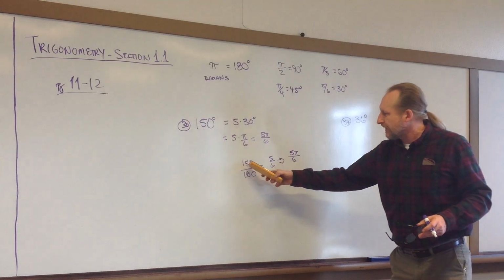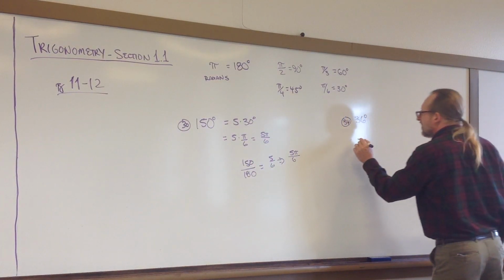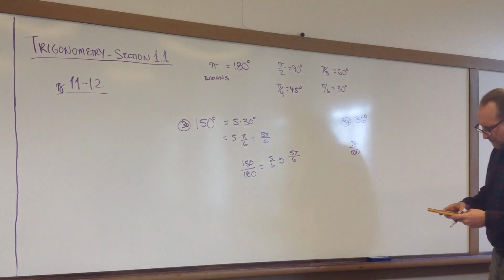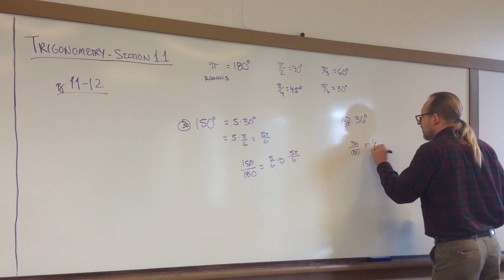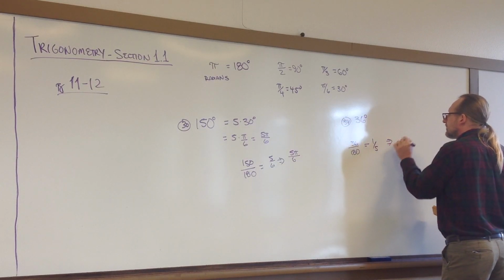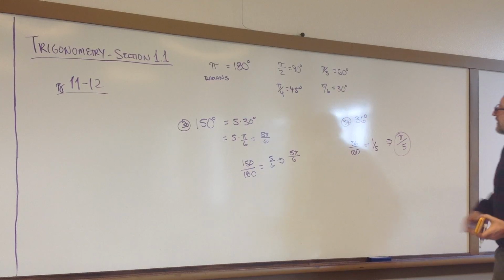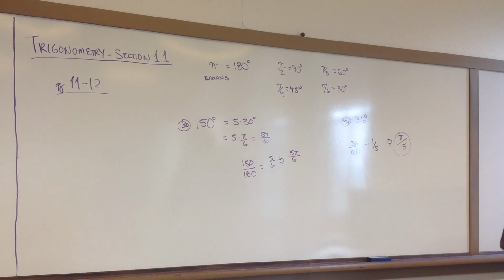So that's why I did this without pi, and then I put it back in at the end. I'll do the same thing here. Do 36 over 180, and then we can reduce it. And you can reduce this yourself, or you can use the calculator, however you want to go about it. But this is 1/5, and so therefore 36 degrees is going to give us pi over 5 radians. And you'll see, if you do 180 divided by 5, that should give you 36.